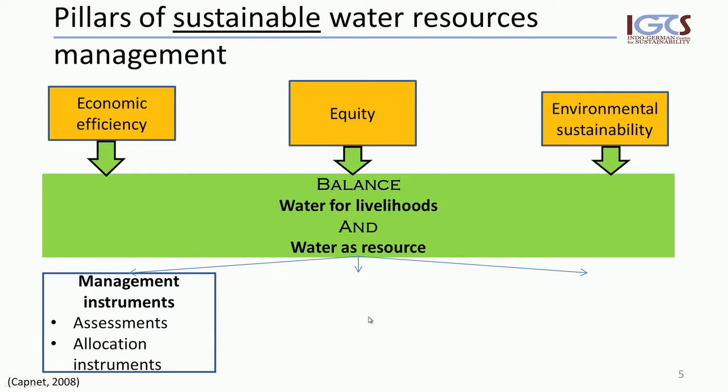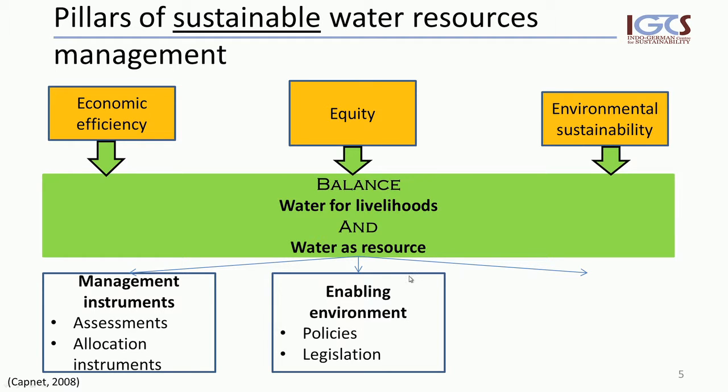And then we have various techniques, methods at hand. We have management instruments. We can conduct assessments. We have allocation instruments in place, applying to all of these 3 pillars. And we require an enabling environment for all of these to function.